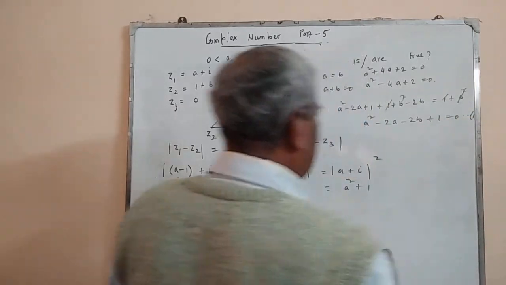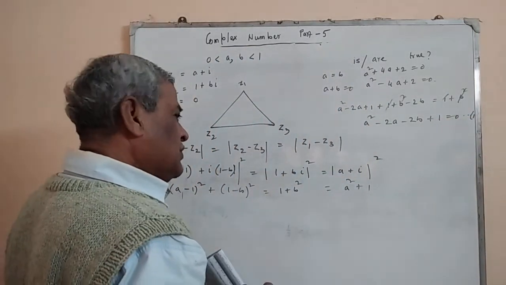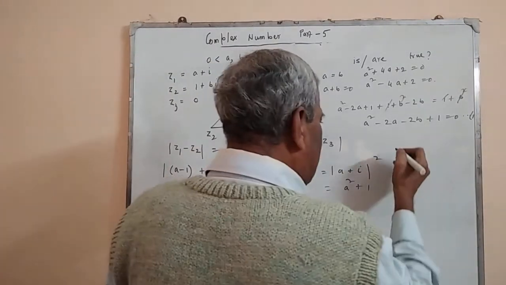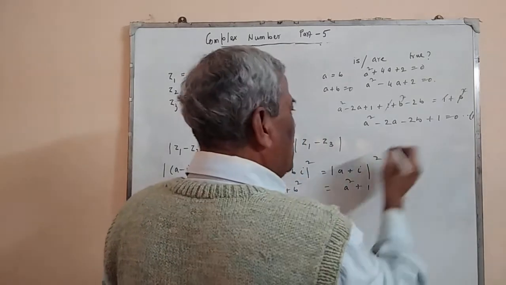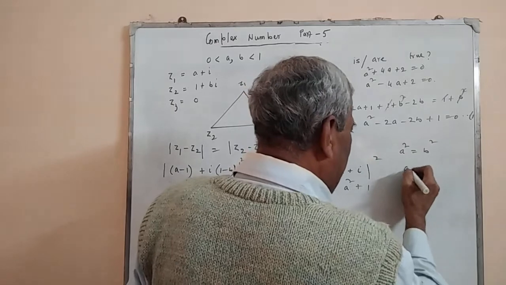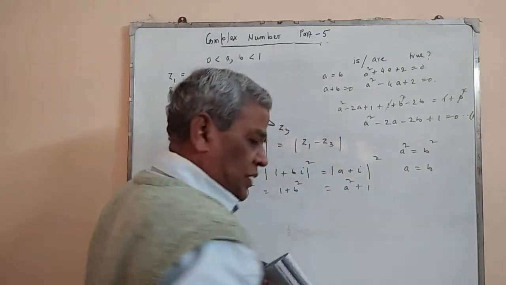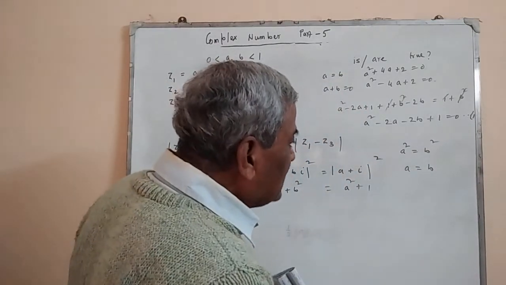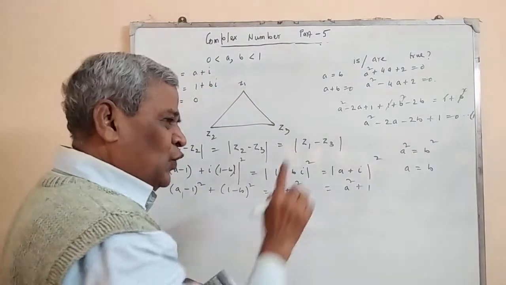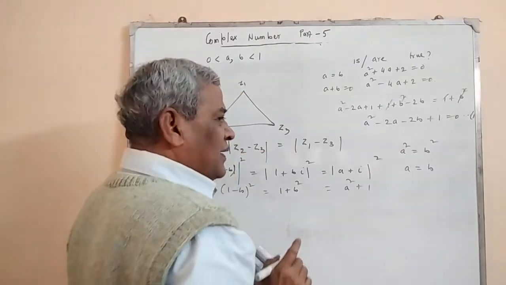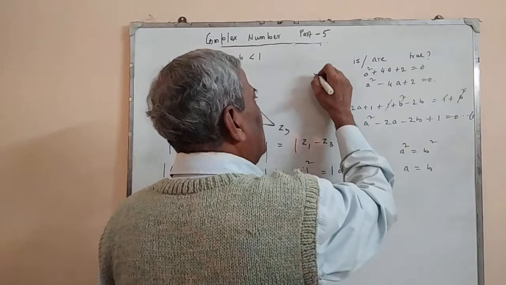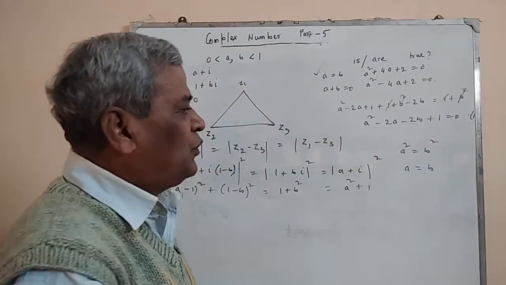Let it be 1. Now, similarly, considering second and third, we get A square is equal to B square. That is, A is equal to B. It cannot be minus B because A and B are both positive. So A is equal to B, this option is correct.